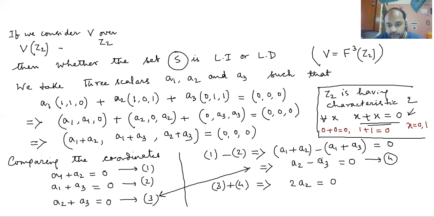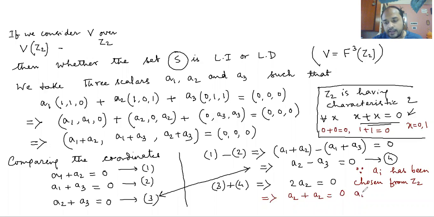So with this, we can consider this to be A2 plus A2 equal to 0. Why? Because A_i has been chosen from Z2, A_i has two choices only. Remember this, two choices only.